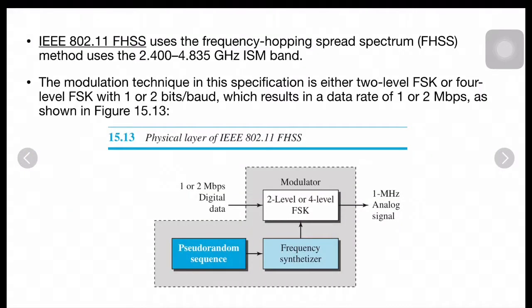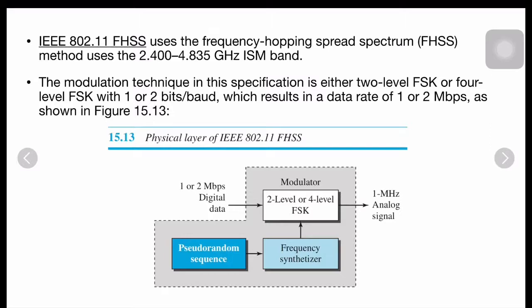Now let us see first type of protocol in physical layer, that is FHSS, that uses the frequency range from 2.4 to 4.835 gigahertz ISM band. You can see in this diagram how it works. Here is the digital data which is of 1 or 2 megabits per second rate.